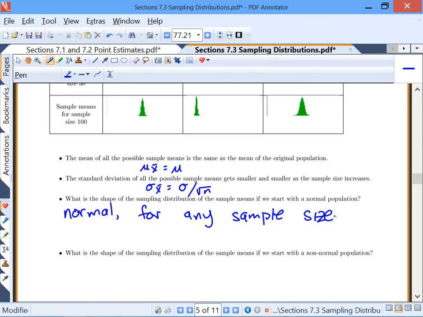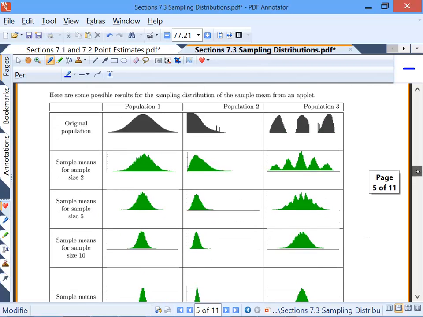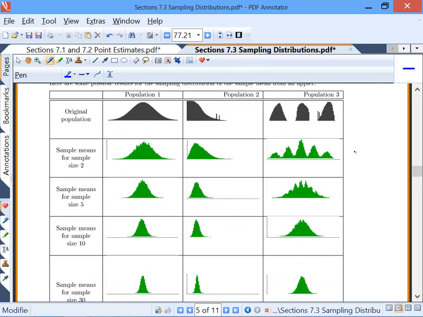Now, if I start with a non-normal population, then what will be the shape of my sample means? Let's come back up and look at the second and third populations. What is the shape of the sample means?